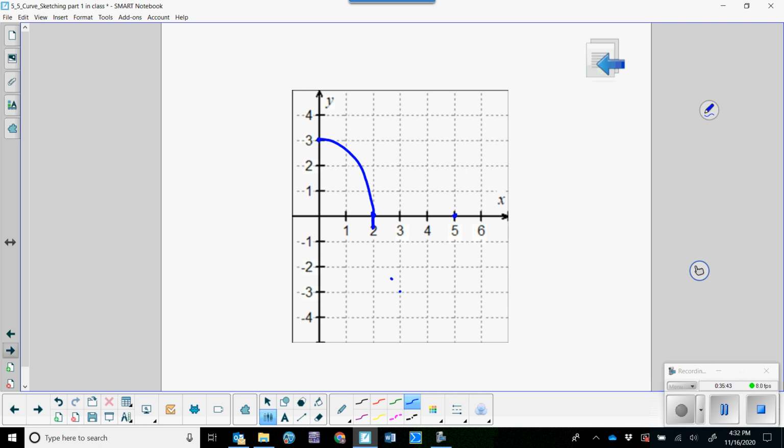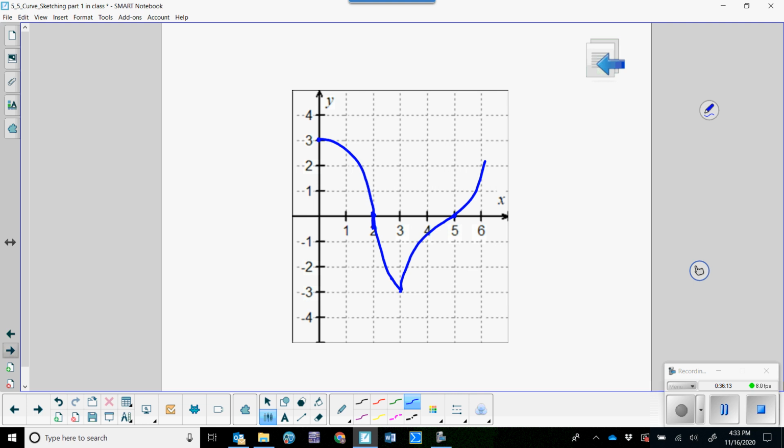Let me draw that a little better. There we go. And then from 3 to 4, we're increasing but concave down until we get to 5. And then at 5, we change to concave up and still increasing. So we just do this.